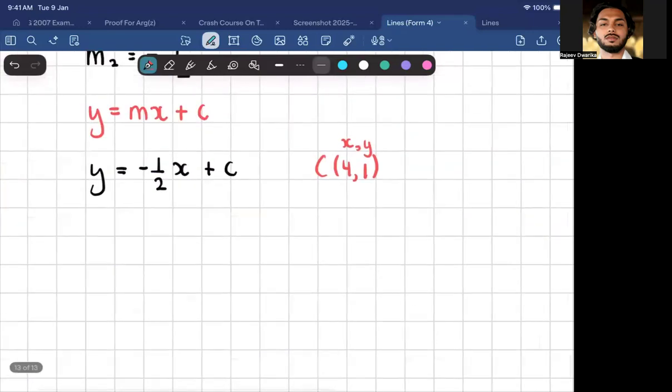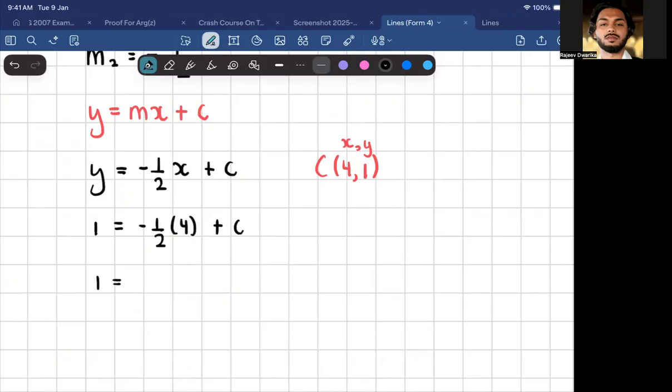So if I want to find c, I'm going to substitute these values and make c the subject of the formula. So y is 1, right? So 1 is equal to minus a half, x is 4, right? Plus c. Let's simplify first.